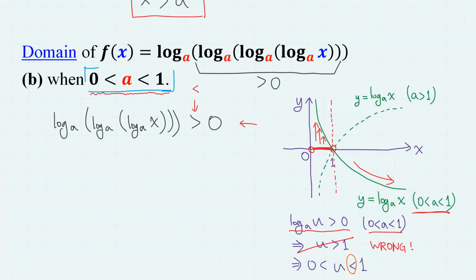So we have switched the direction of the inequality here, and we have additional u is greater than 0 because the logarithm can be only defined for positive u. So in our case, we have log base a of log base a of x is less than 1 here, and we have additional greater than 0. So now we have two inequalities.